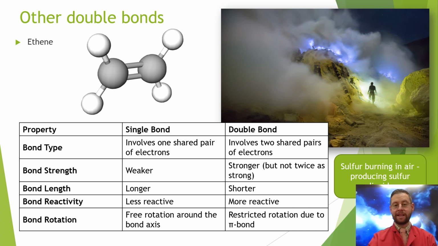So it means that the bond itself is less reactive in the saturation in the single bonds, but more reactive because, of course, you could snap that double bond and attach other things to it, things that are more reactive than carbon. And so, therefore, you can do quite a lot of chemistry if you've got double bonds existing. You can rotate a single bond.